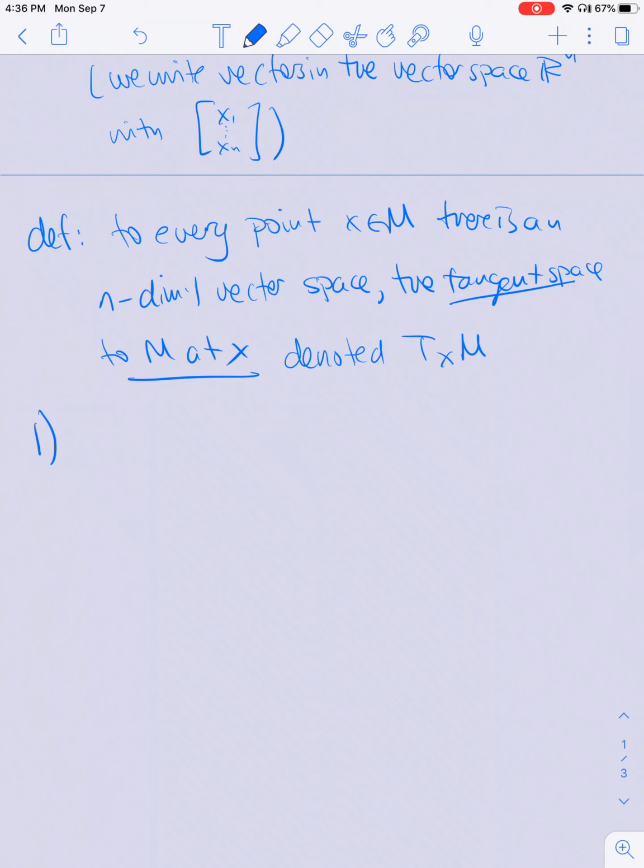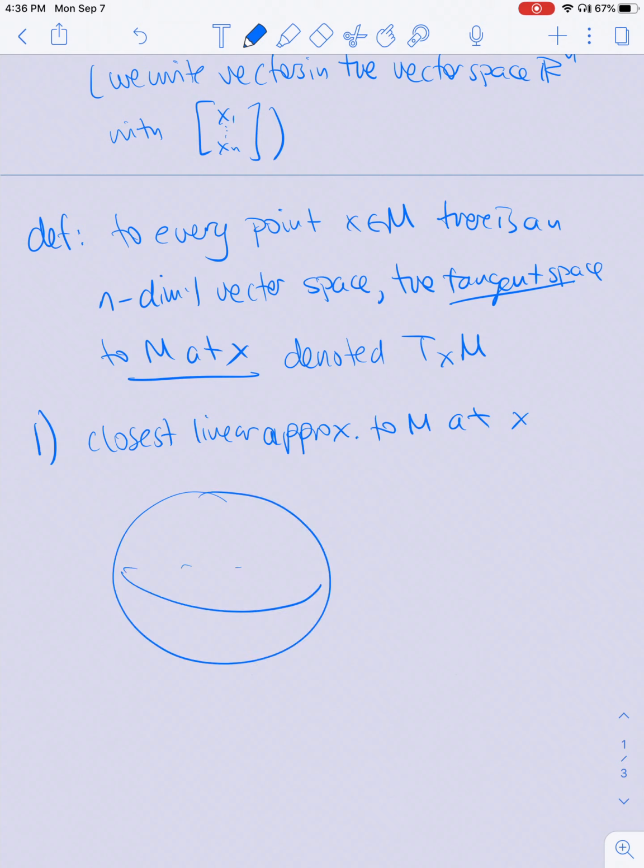So first of all, it's the closest linear approximation to M at x. So what does that mean? Say M is this sphere, and I want to take the closest linear approximation.